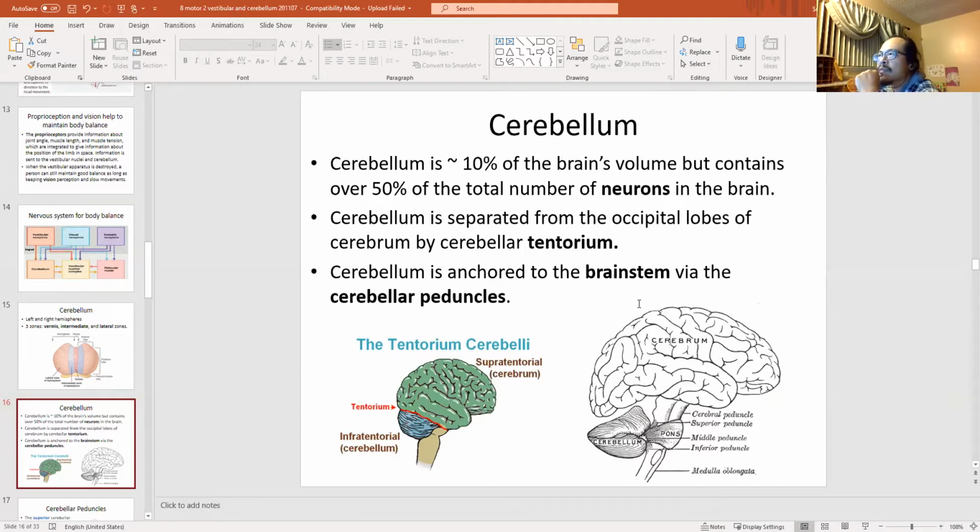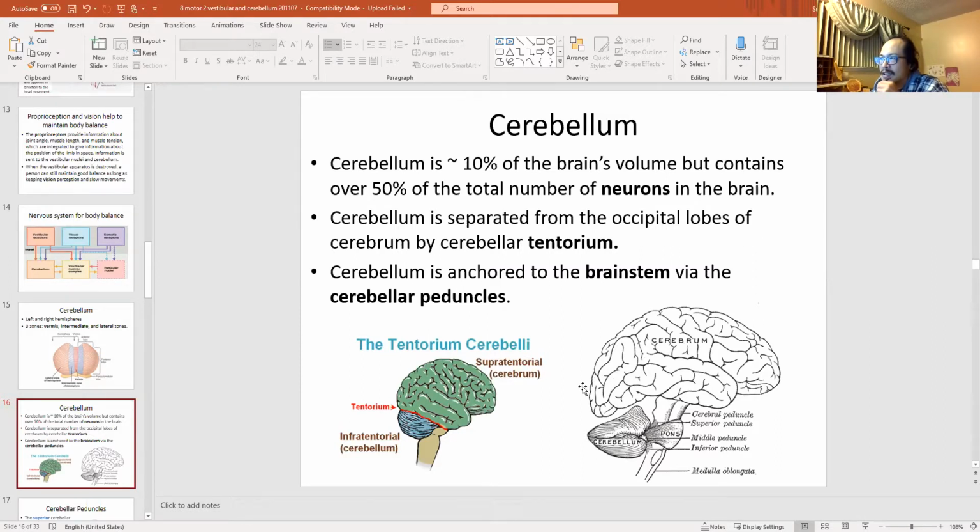Some simple facts: the cerebellum is only 10% of the brain volume, but it has over 50% of the total neurons in the brain. So you can imagine the neurons are very small, and the density is pretty high.